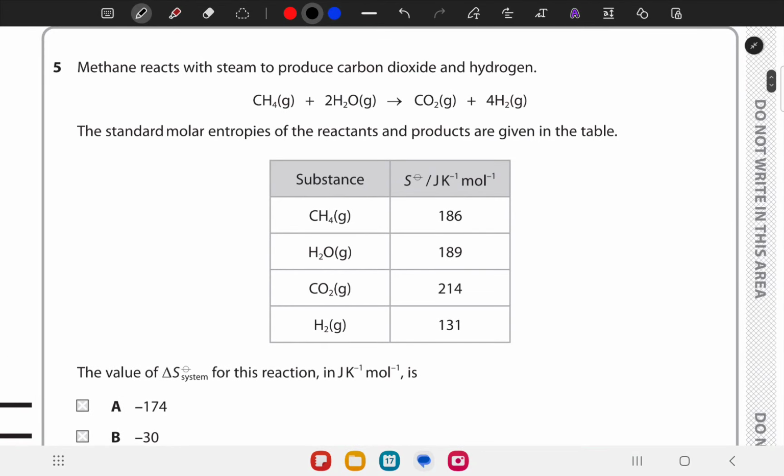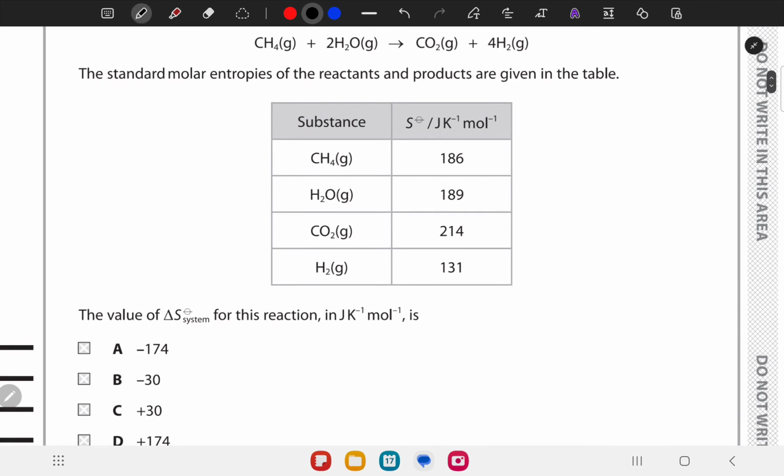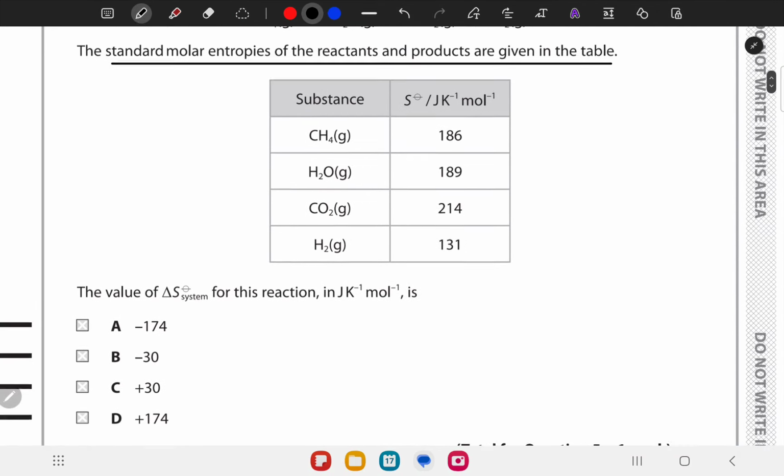Now in question 5, we're told that methane reacts with steam to produce carbon dioxide and hydrogen. We are given the molar entropies for the reactants and products. We have to find the del S system.